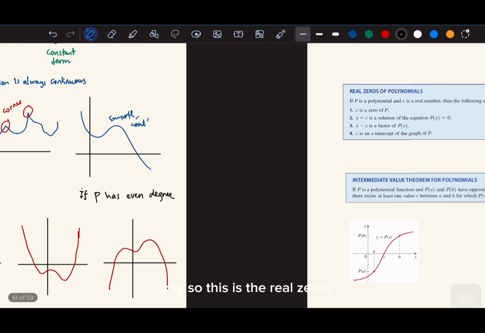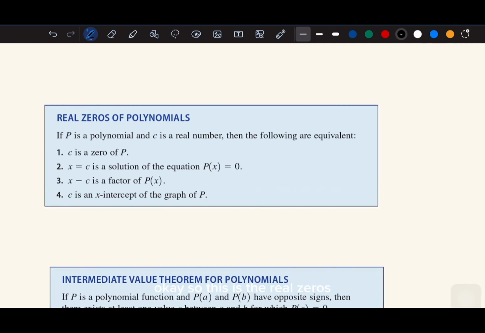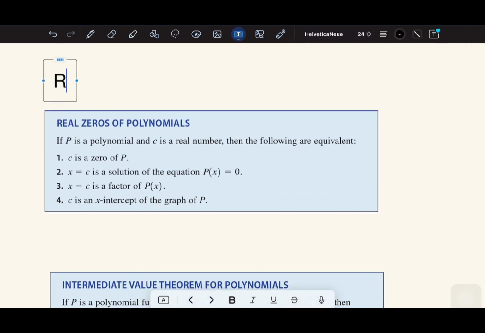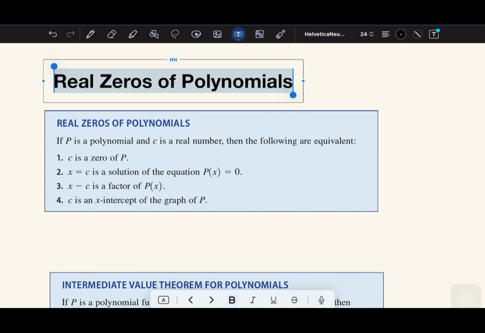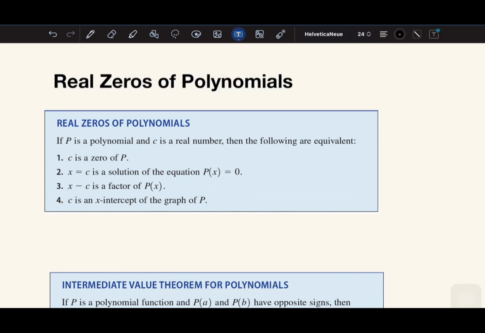Okay, so these are the real zeros of polynomials.